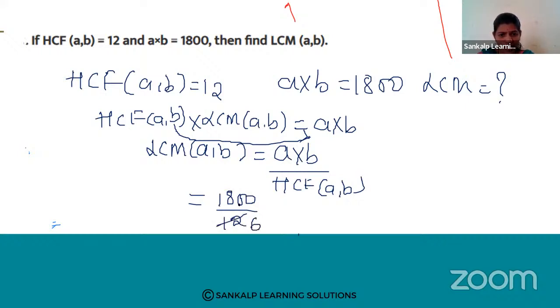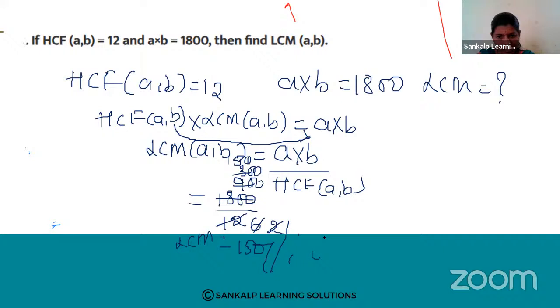So 2 6s are 12, 2 9s are 18, 2 1s are 2, 2 1s are 2. So 5 1 remains 10, 2 5s are 10, 150. Therefore LCM is 150.